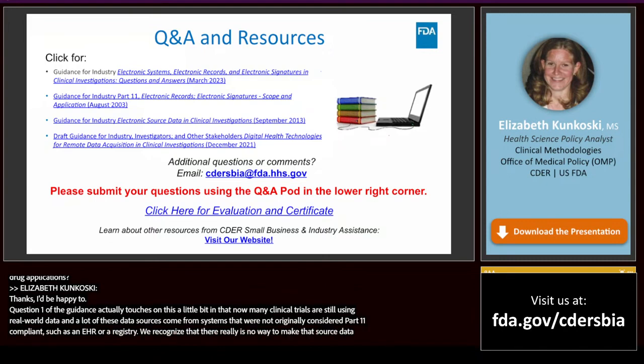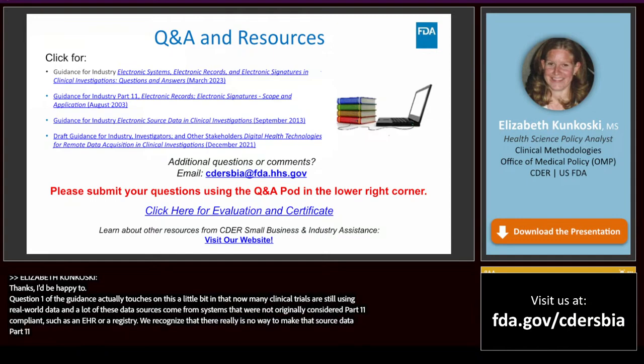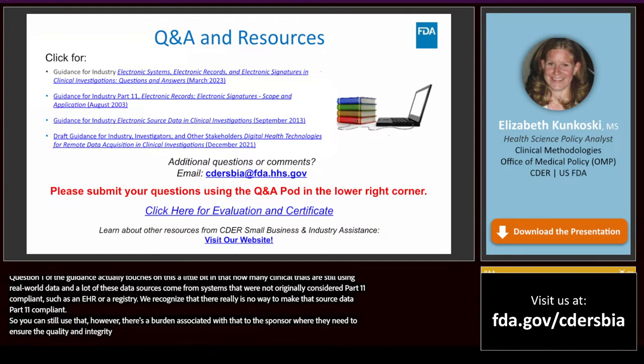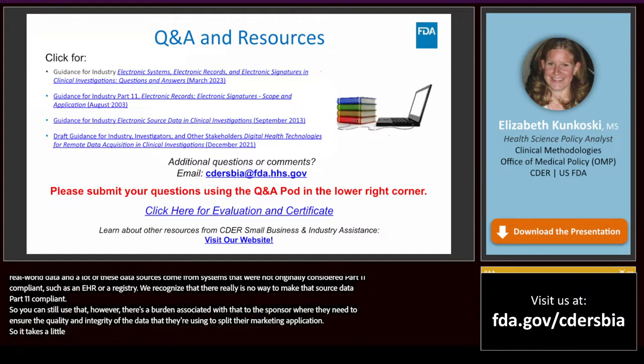So you can still use that. However, there's a burden associated with that to the sponsor, where they need to ensure the quality and integrity of the data they're using to support their marketing application. So it takes a little extra legwork on the sponsor's part to really try and understand where that data come from and to ensure the integrity of that data. But it is definitely something that we are starting to see on a regular basis now.